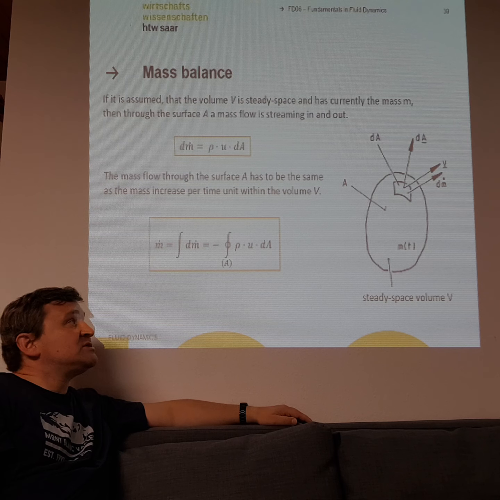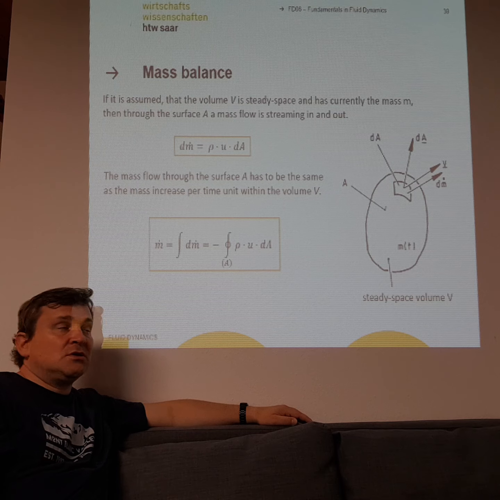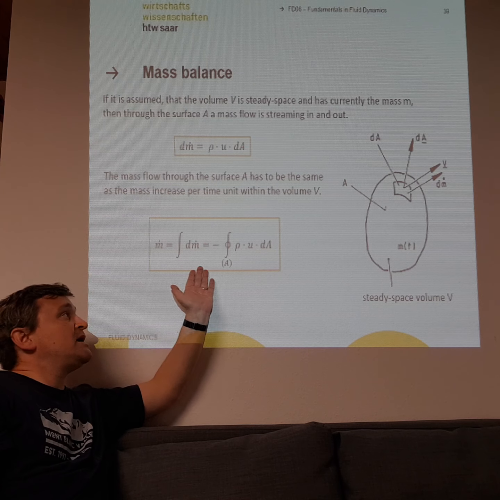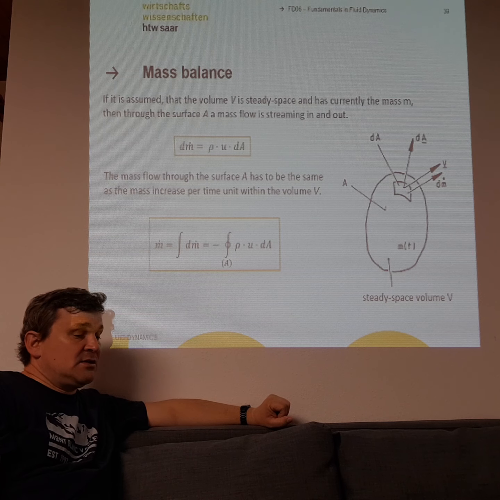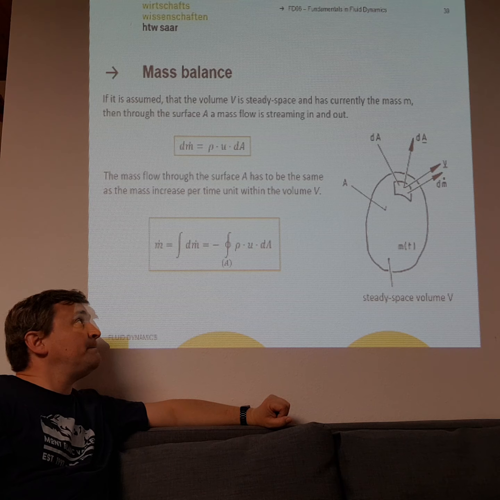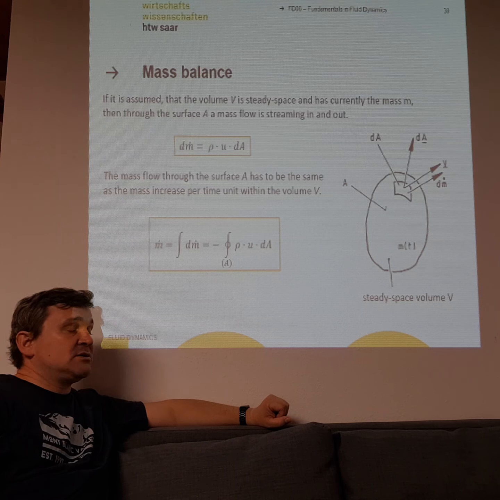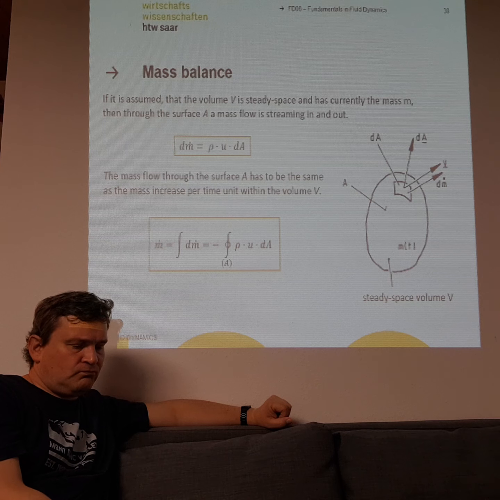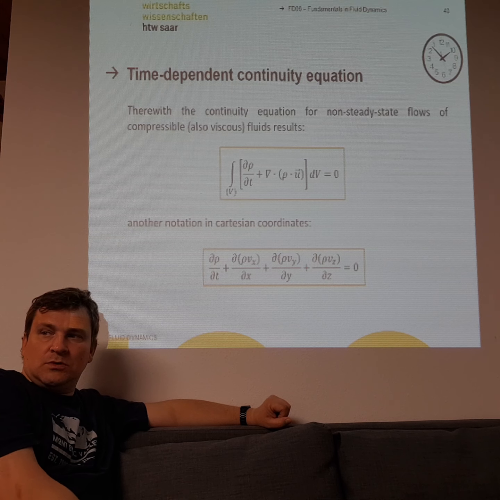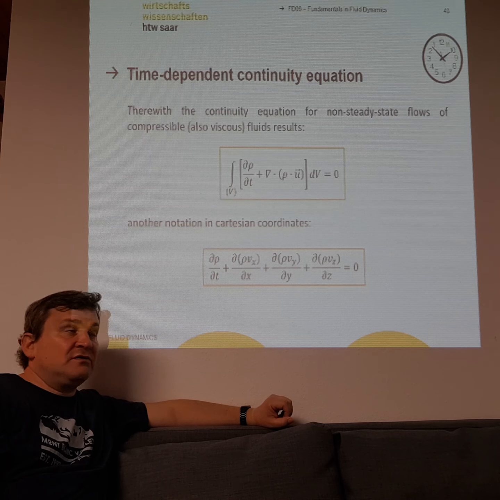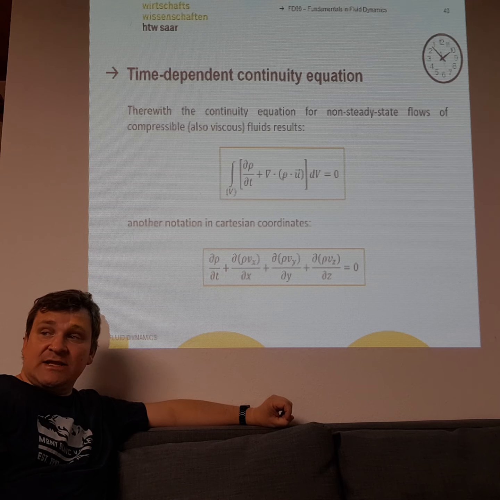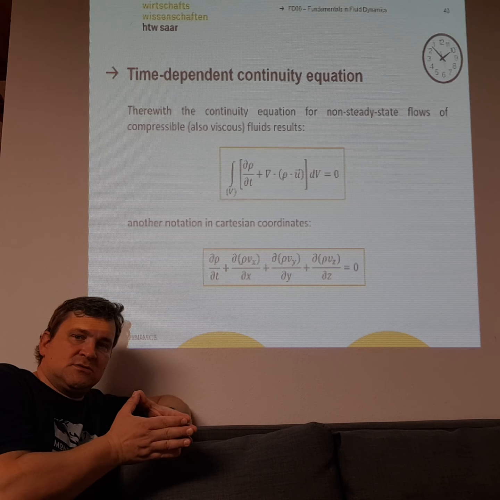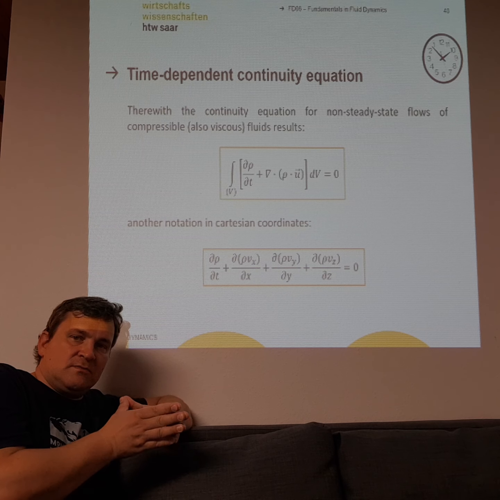Okay, and to describe the whole mass flow inside and outside this control volume, you have to make your volume integral, you have to integrate every single mass flow. Okay, and you have to solve the whole system time dependent.